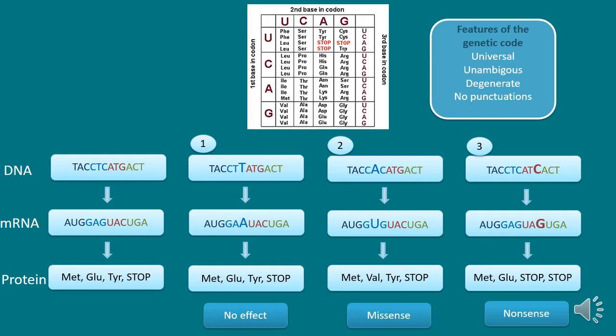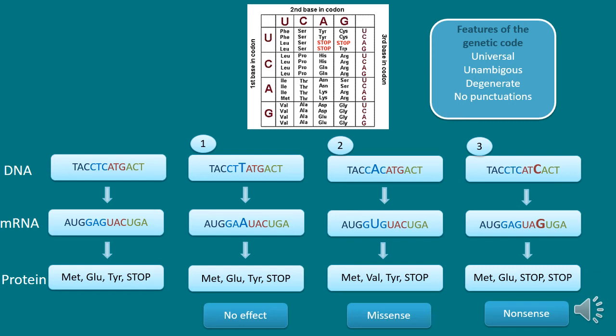So in this situation, there was a mutation in the gene, that is in the DNA, and it was reflected in its corresponding mRNA molecule, but it is not reflected in the corresponding protein molecule. Why is that? That is because the mutant codon had called for the same amino acid.